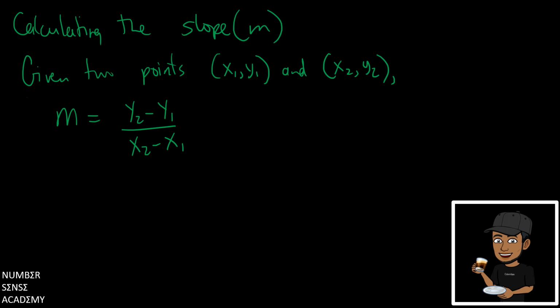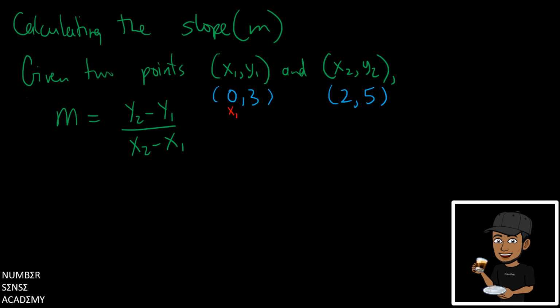I'm going to say this now in case I forget: you have to be clear in what you're labeling x1 and y1 and x2 and y2. I've seen this done. Do not do this. Say you have 0 and 3, and your second point is 2 and 5, and you say that this is x1.